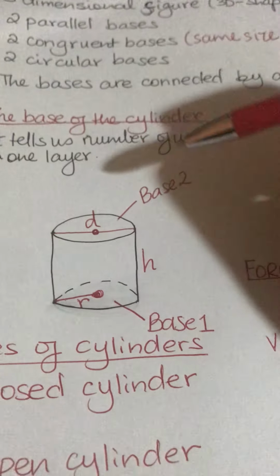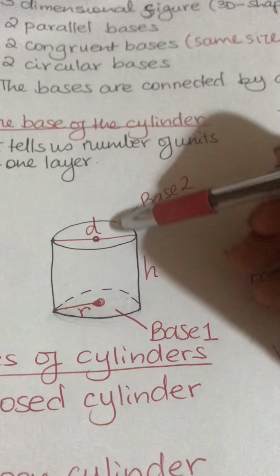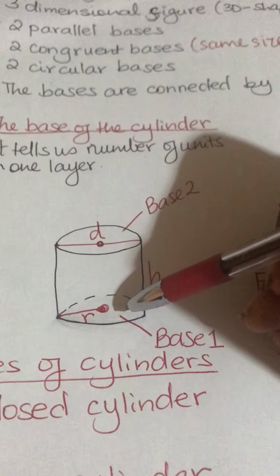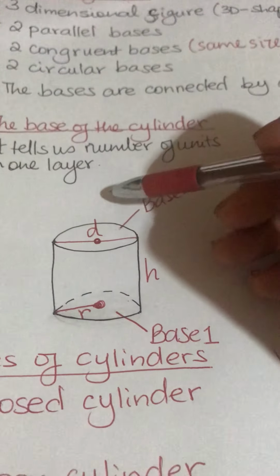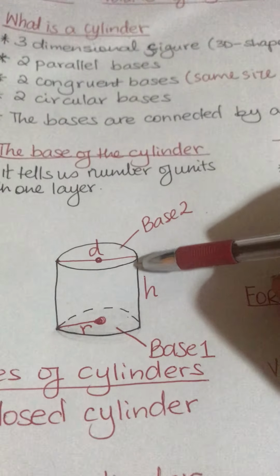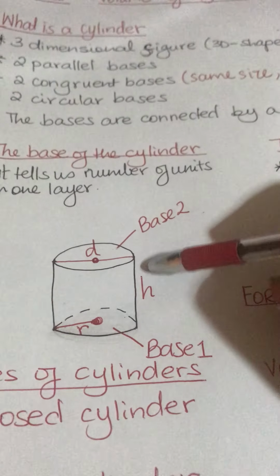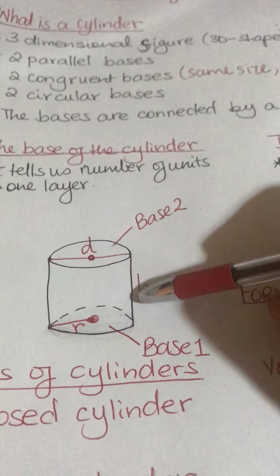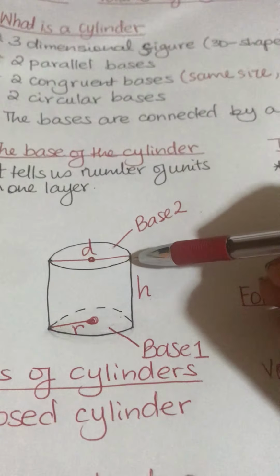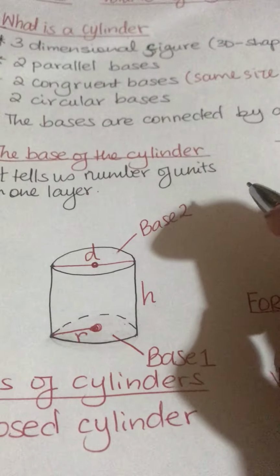We have two bases, one on top and one at the bottom. It doesn't matter which is base 1 or base 2, because they are the same size. The distance between your two bases is the height. Remember, the height is perpendicular to the base. That means this line and the base make a 90-degree angle.